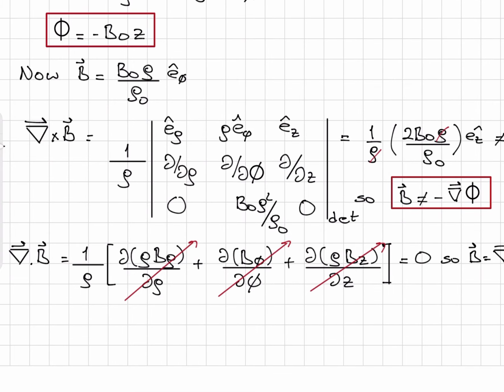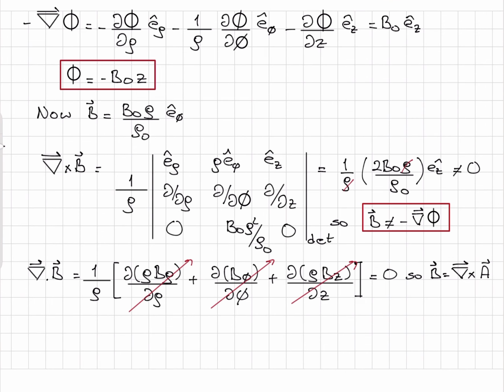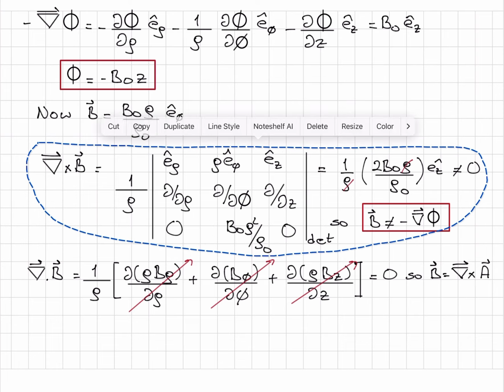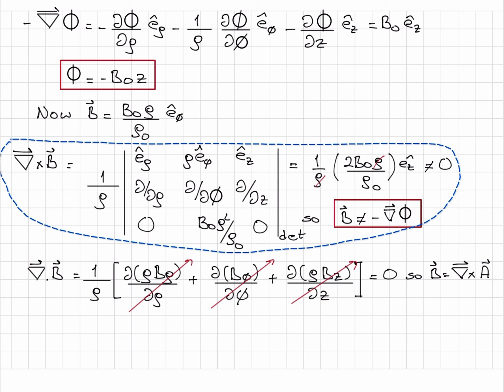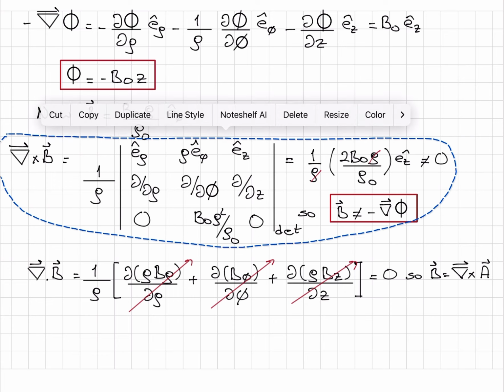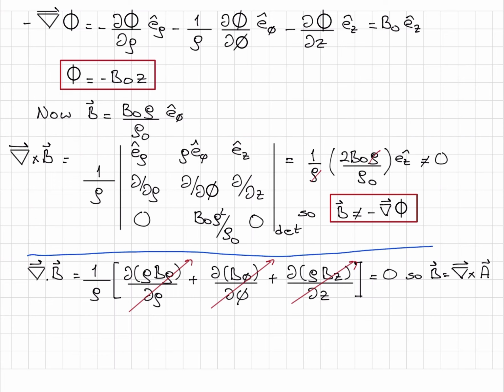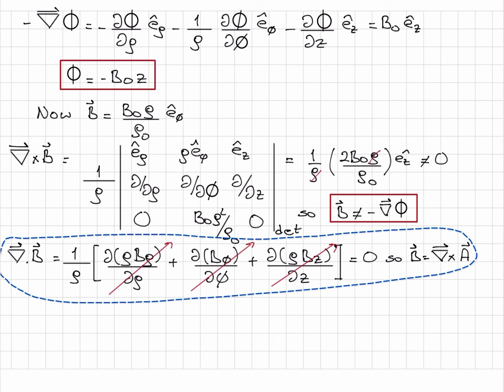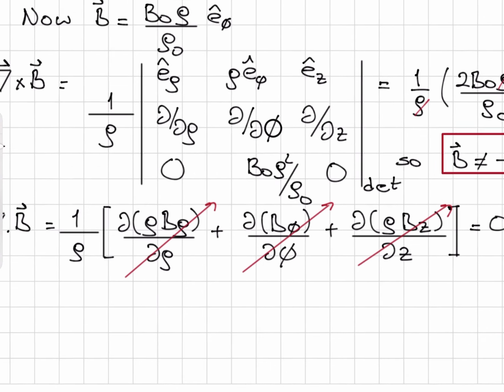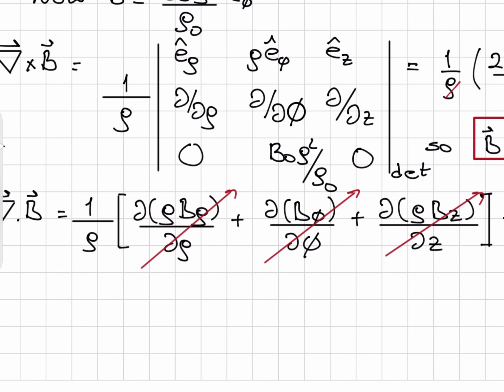So if I write down curl of A, let's open up some space here. Okay, now I'm going to write curl of A using cylindrical coordinates.